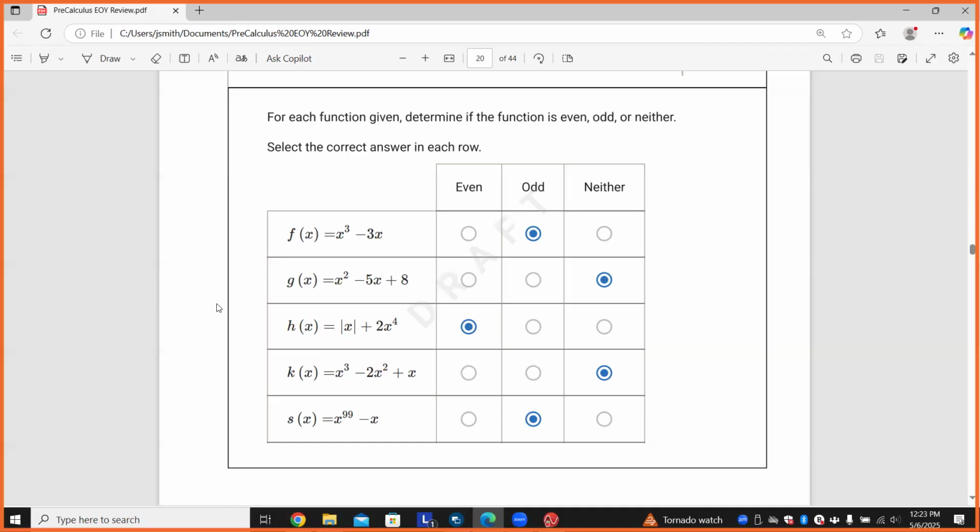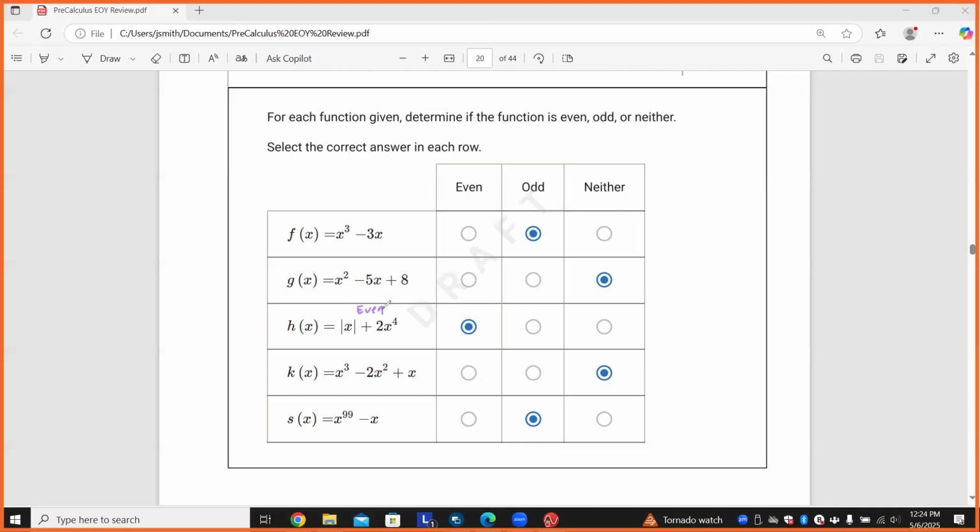If you want to write that down, absolute value is treated as an even exponent. So if absolute value is even, what is 4? Even. So they're both even, so the function's even.